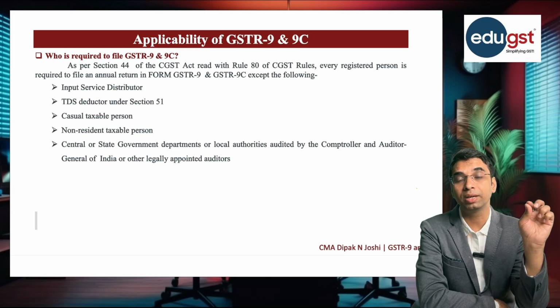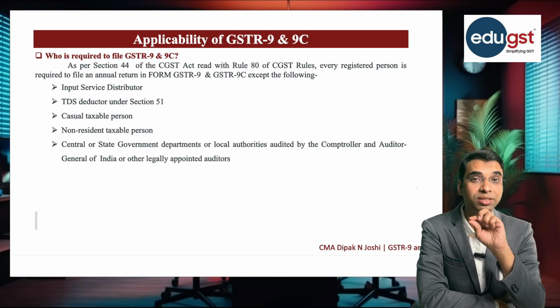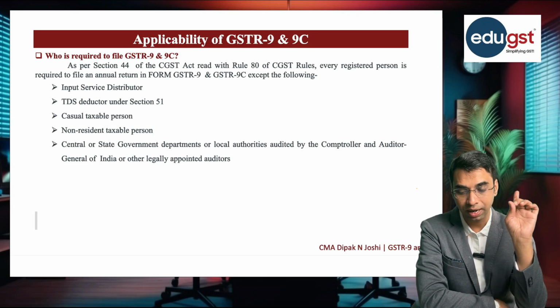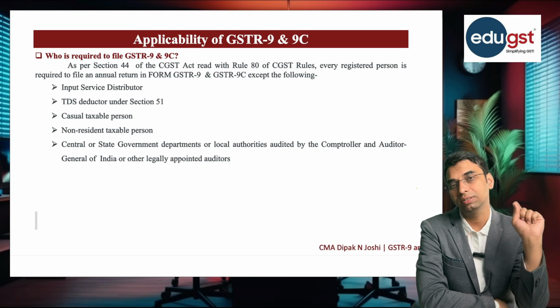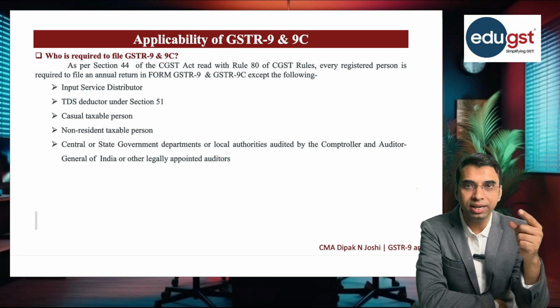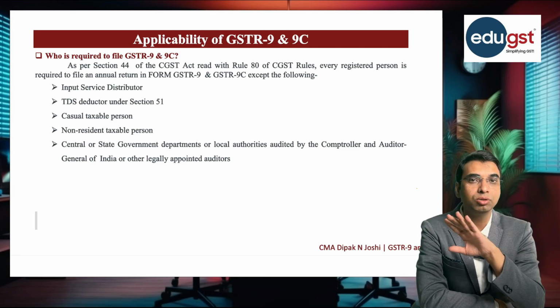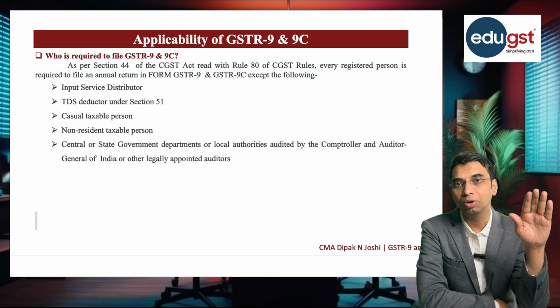Non-resident taxable person. In that case also, GSTR-9 9C is not applicable. And last, central or state government department or local authorities audited by the Comptroller and Auditor General of India or other legally appointed auditor. So government departments where CAG audit is applicable, in that case also GSTR-9 9C is not applicable.